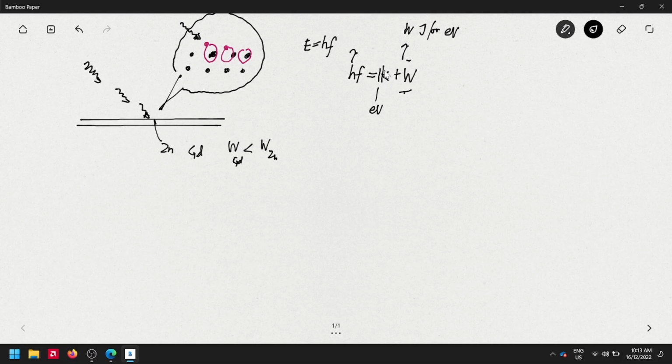So that's the idea. If I were to draw the Feynman diagram for the photoelectric effect, I would do this. I have my photon here, and then I have my node here, and then this is my electron, which is inside the atom, and then this is my photon.